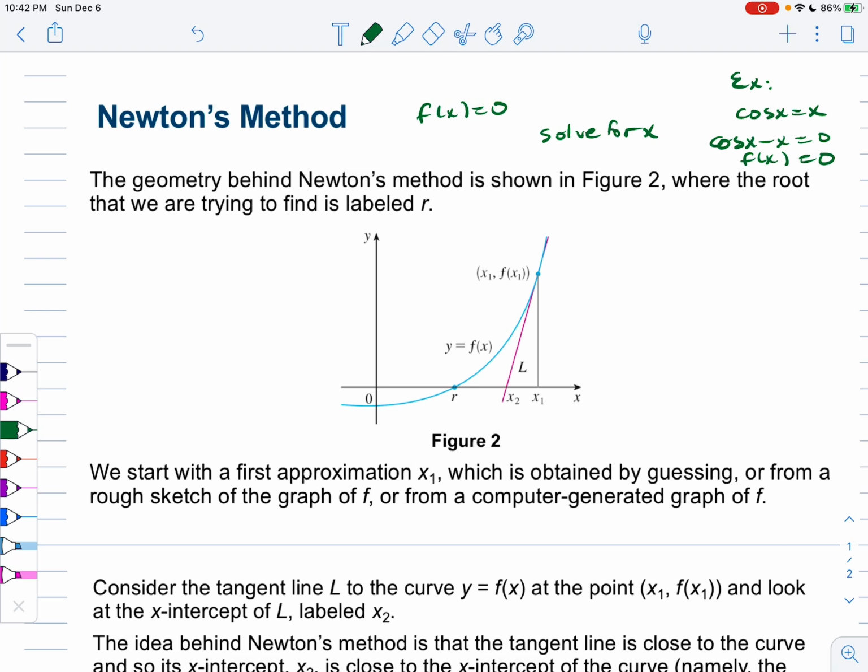Well, just the geometry of this here, if we take this graph in blue before you, our f of x, we're going to be using the most important concept of Calculus 1, which is the equation of the tangent line. And what is that good for? It's a really good approximation to the curve at that particular point.